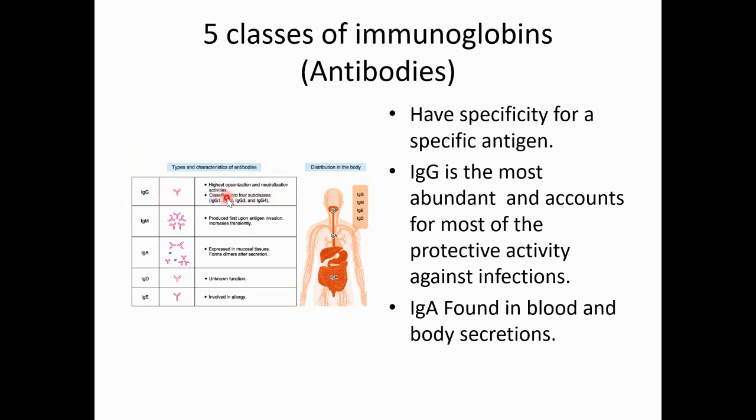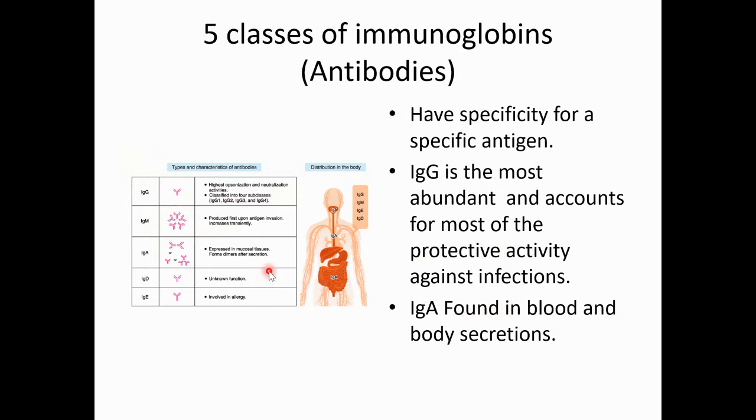You don't have to know these subclasses. Then the IgM is produced first upon antigen invasion, and it increases transiently. So basically the IgG and the IgM are abundant as well.